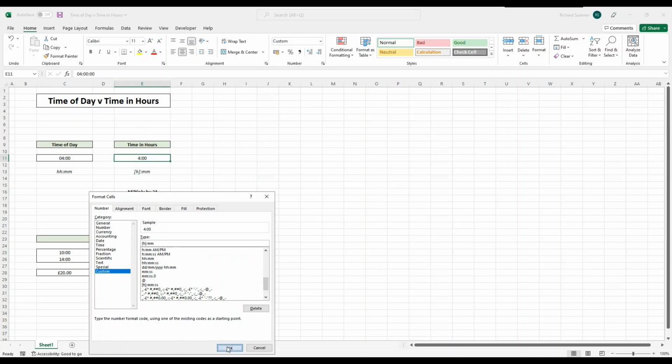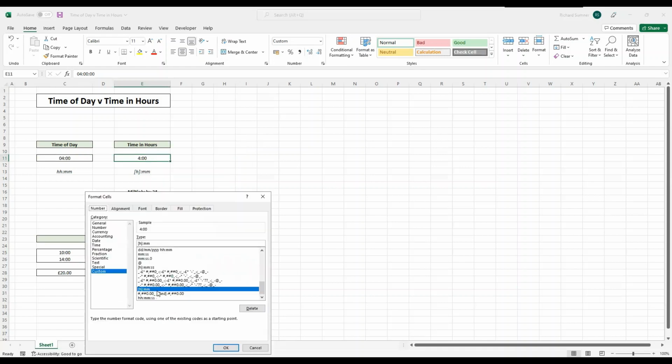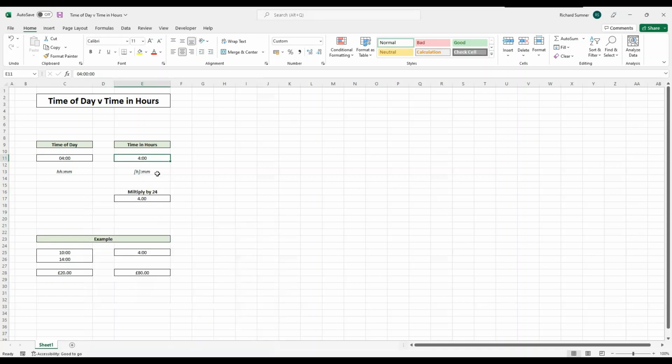And if you say OK, that is formatted as an hour within square brackets, minutes. What that means is that is actually 4 hours. That's not 4 a.m. That's 4 hours' worth of time.